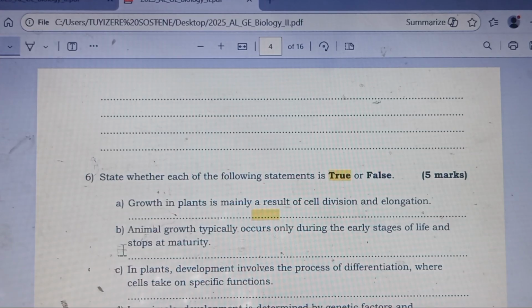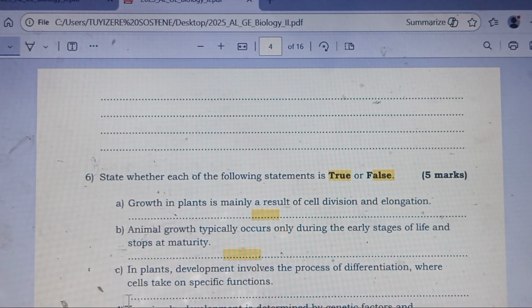B. Animal growth typically occurs only during the young stage of life and stops at maturity. For B it is false.